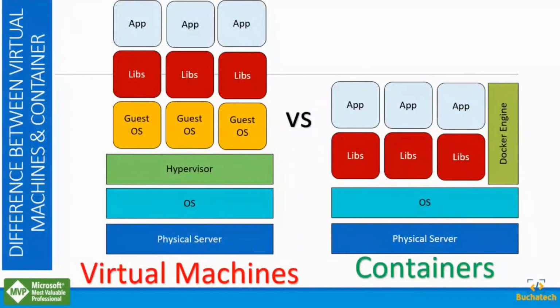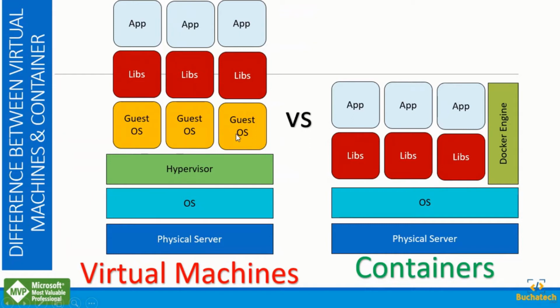Now, if we compare containers to virtual machines, this is how it would break down. On the left side, you have the virtual machines. At the bottom layer, you have your physical server, and then you have your operating system, and then you have your hypervisor, if you're using VMware, Hyper-V, or something else like maybe VirtualBox.